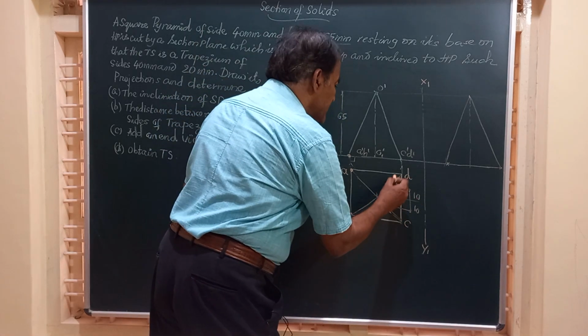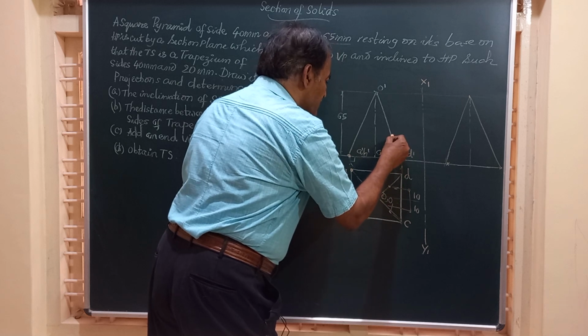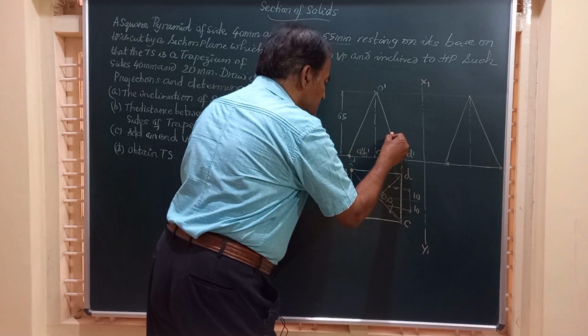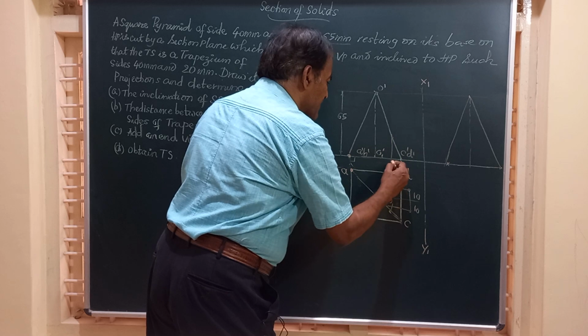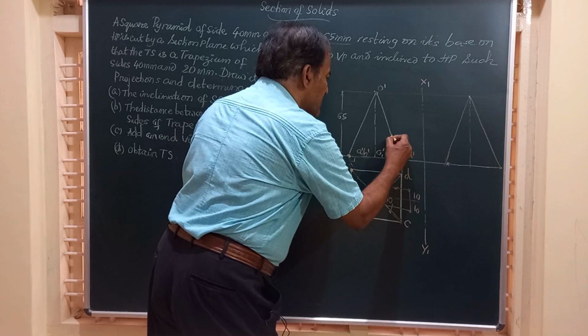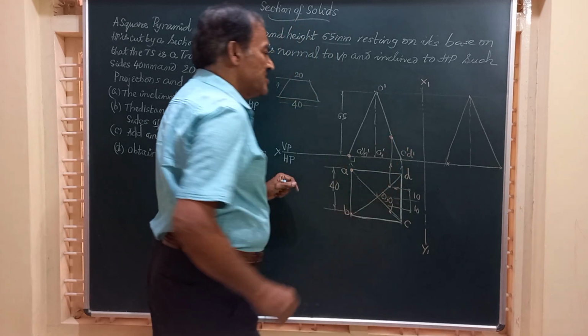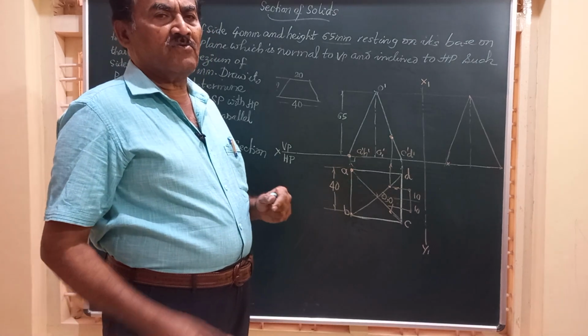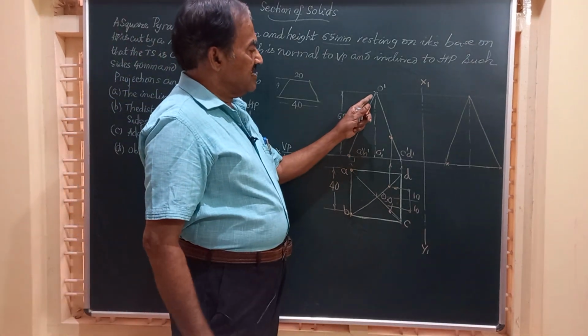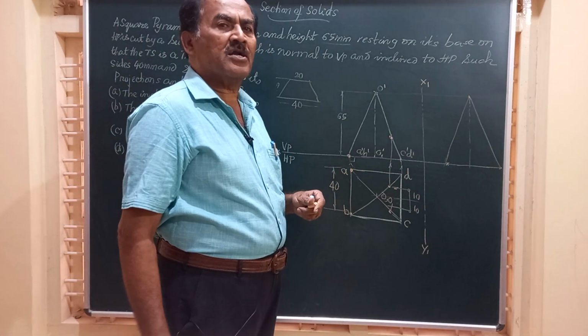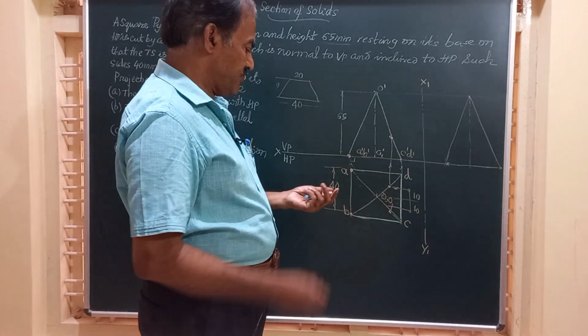So we can simply transfer that to the front view by drawing a vertical line from there. And this is going to be the second point where the slant edges OC and OD are cut by the section plane.